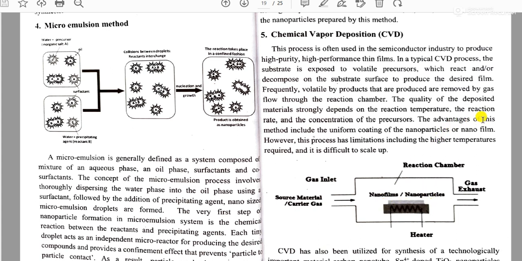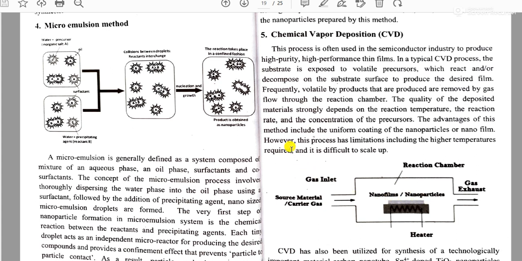The advantages of this method include the uniform coating of the nanoparticles or nanofilm. So this is one of the major advantages of the CVD technique, that is, uniform coating of nanofilm can be attained. So this uniform coating means it will be defect free.